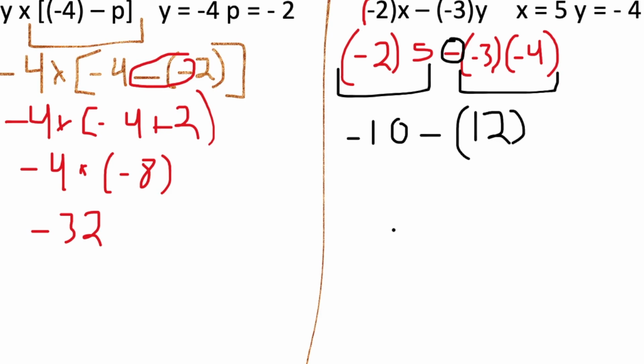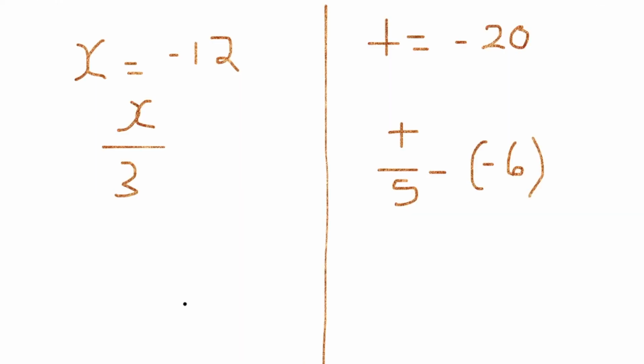And you can see how this would have looked a lot different if I would have done this first. It would have been a completely different answer. So now I have negative 10 minus 12, and that's going to be negative 22, right? All right, so hopefully you got that right. If you didn't, you need to come to the help sessions.